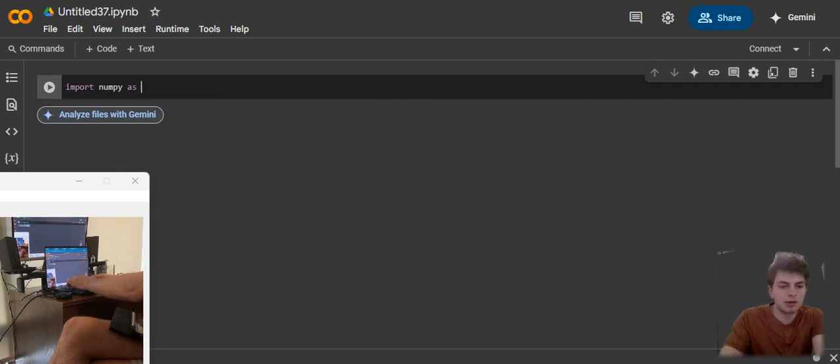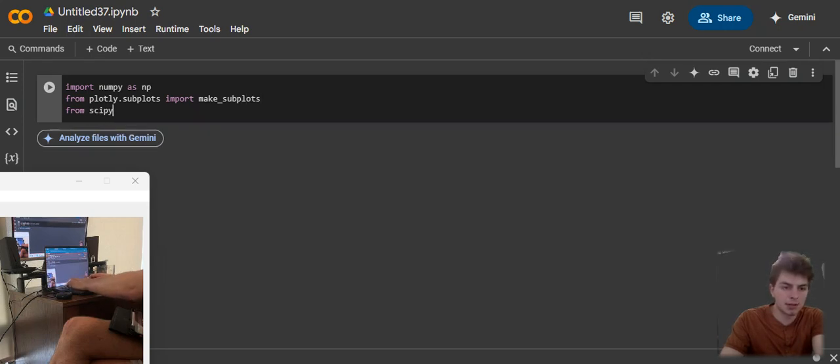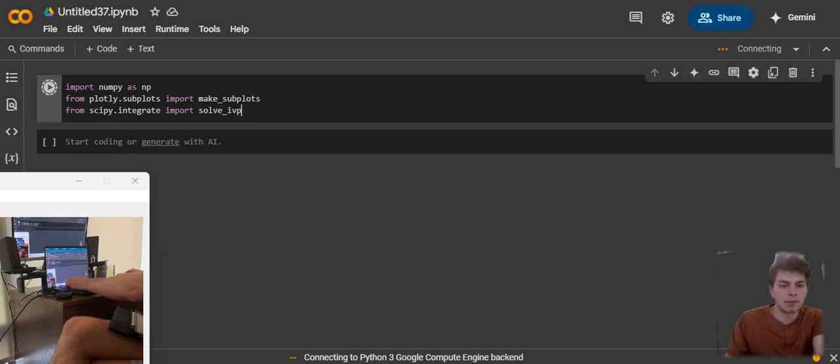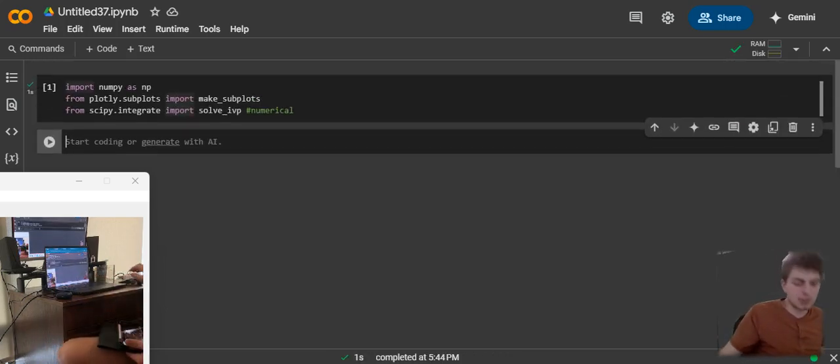Throw in our input. We import subplots from matplotlib, and from scipy.integrate import solve_ivp. The reason we're doing that, again, is for our numerical solution. Okay, our imports are in.